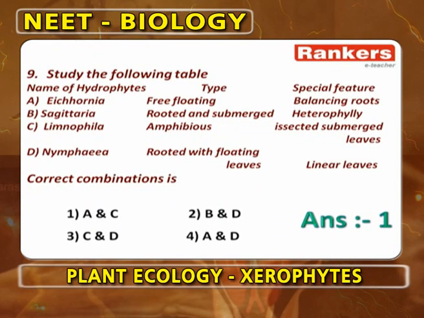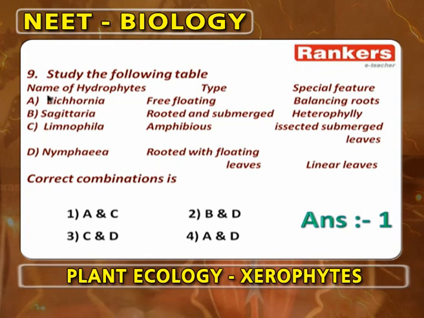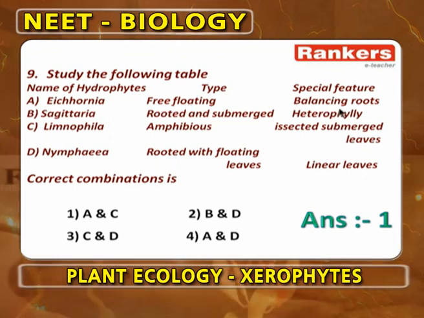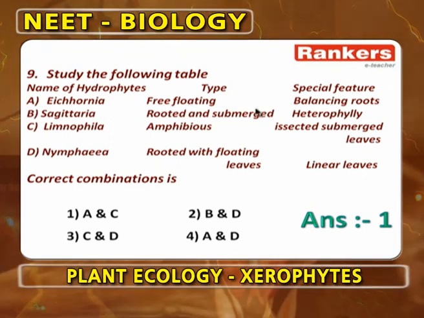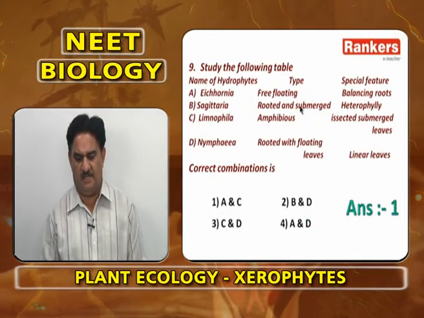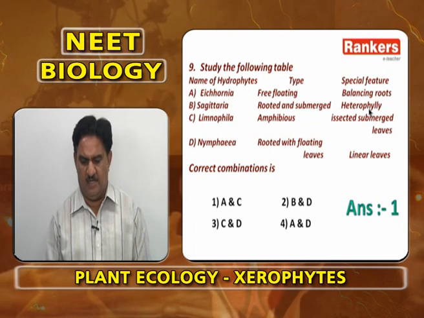Another 3-column question. Study the following table and choose the correct combinations of name of the hydrophyte, type and special feature. Eichhornia, free floating hydrophyte, balancing roots. It is correct. Sagittaria, rooted and submerged is wrong. It is amphibious; heterophylly is correct, but rooted and submerged is wrong.